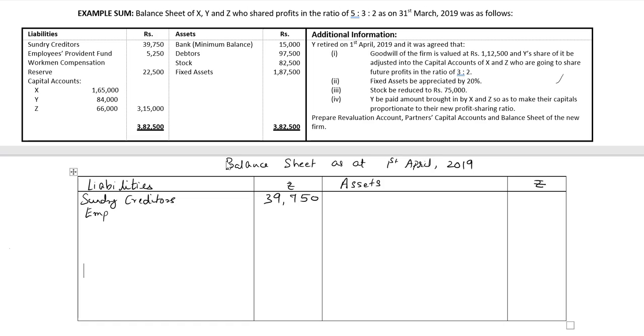Employees Provident Fund, again no change in value, 5,250 rupees. The workman compensation reserve has been distributed. We'll insert the capital accounts of the partners.